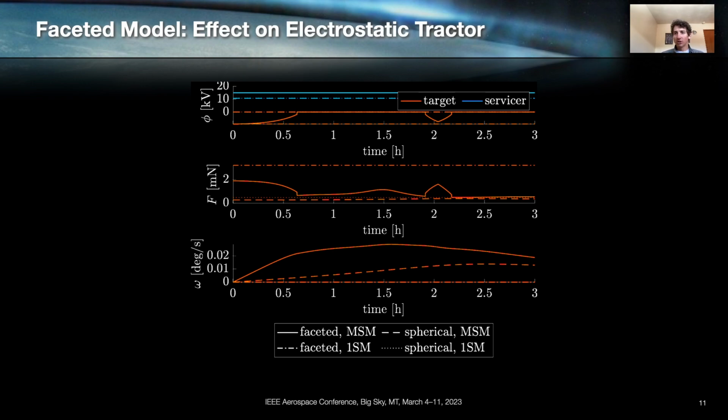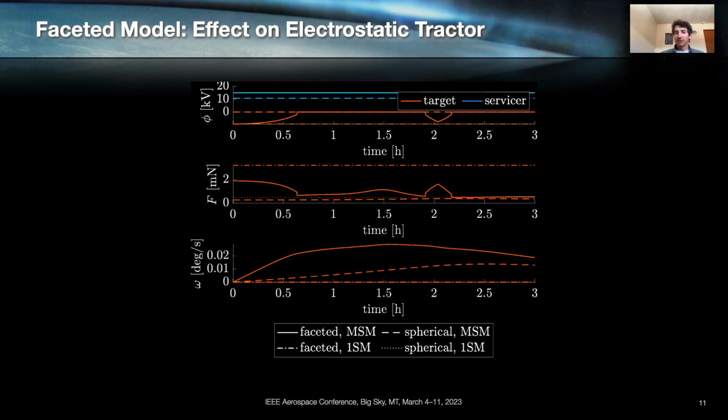The spherical assumption one sphere model is unable to compute an orientation dependent force or torque, and as a result the angular velocity of the spacecraft in the bottom plot remains constant, and therefore, since the orientation doesn't change, the force and the potential remain the same throughout the simulation as well.